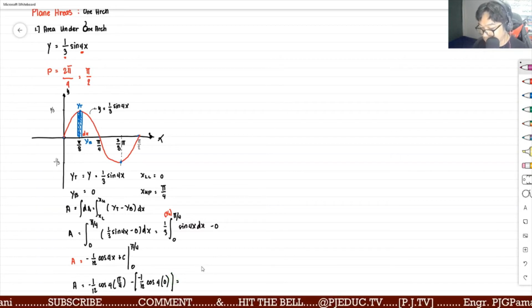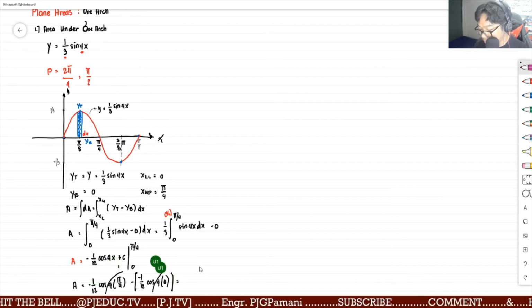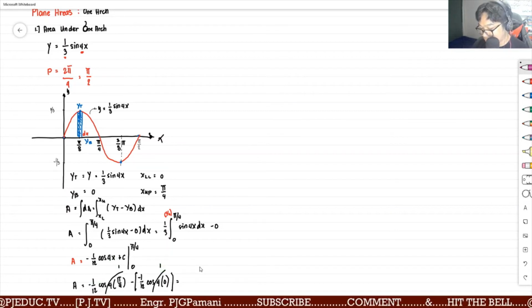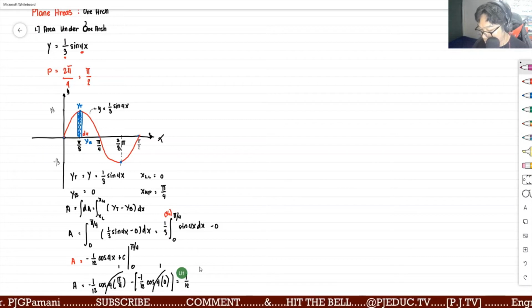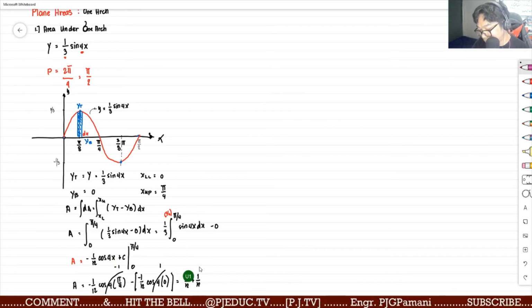Oh, that is simply equal to negative 1. This is also 1. That is equal now to 1/12. Di ba? This is negative 1. This is positive 1. So 1/12 plus 1/12.